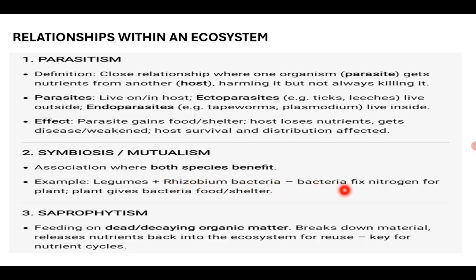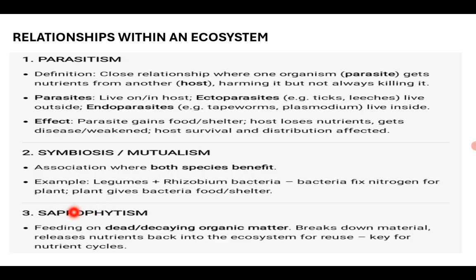The bacteria fix nitrogen for plants, and the plant gives the bacteria food and shelter. So both bacteria and the legumes benefit from the relationship. This is called a mutual relationship. During a mutual or symbiotic relationship, both organisms benefit.